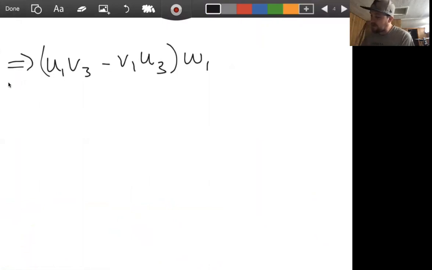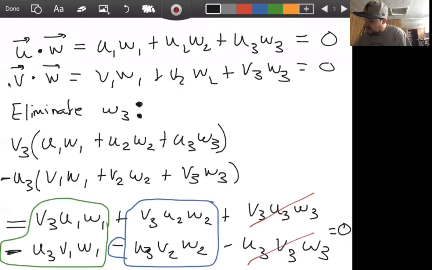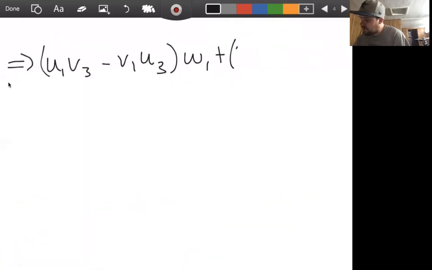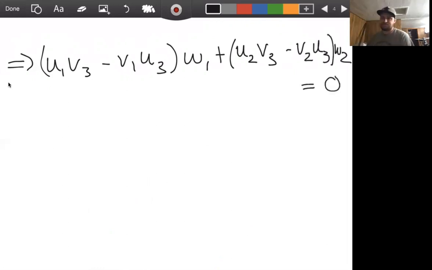Okay, and then we can do the same thing for w2 here. It looks like we'll then have plus, and in this term we're going to have u2 v3 minus v2 u3 times w2, and this should be equal to 0.